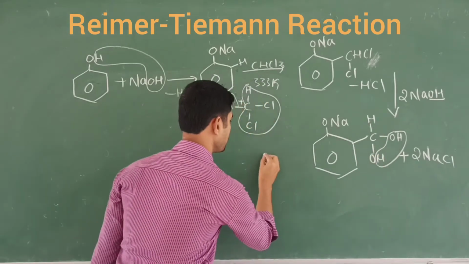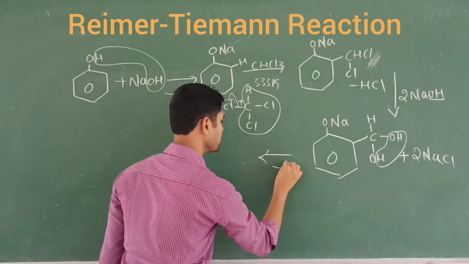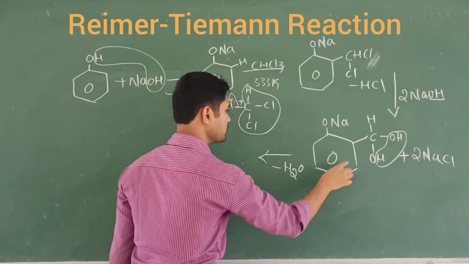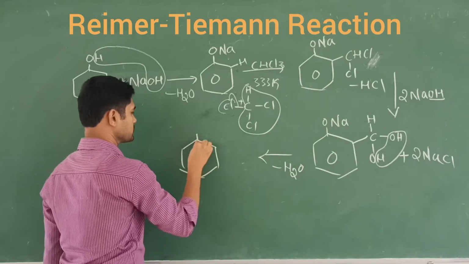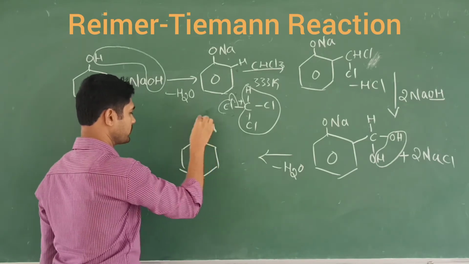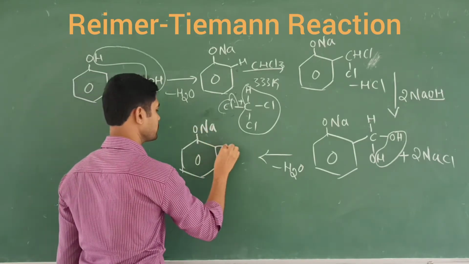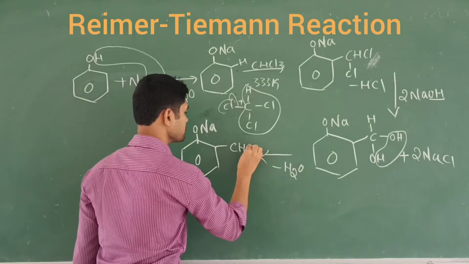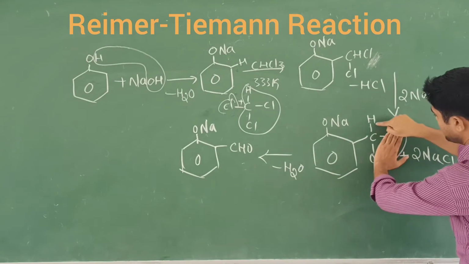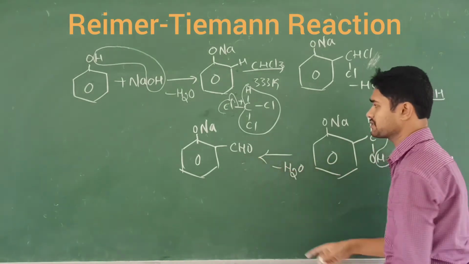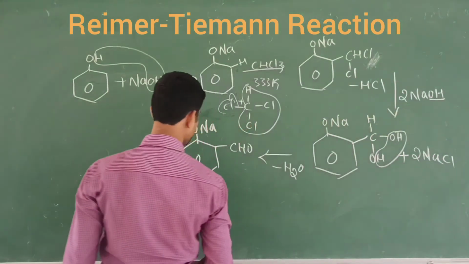I am going to write here: water molecules removed here. So we obtain the sodium salt of the aldehyde, with the sodium phenoxide as it is, that is CHO. This is called the sodium salt of salicylaldehyde.